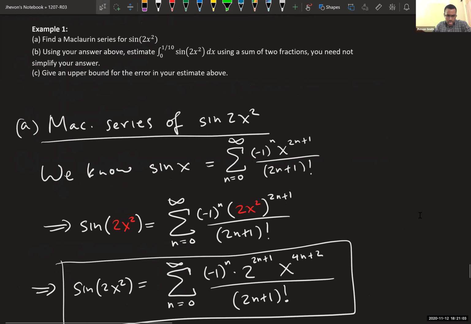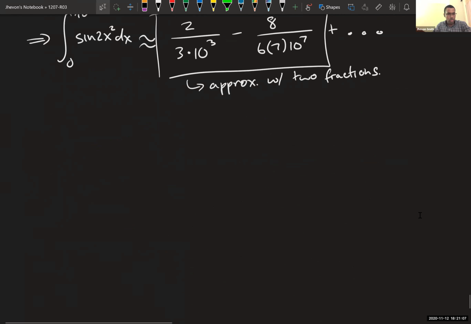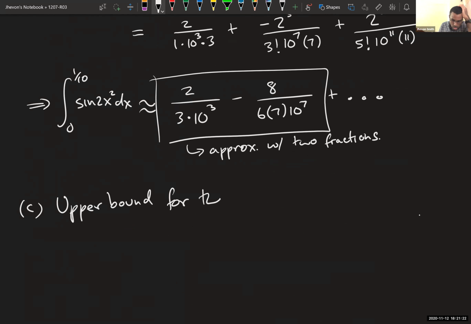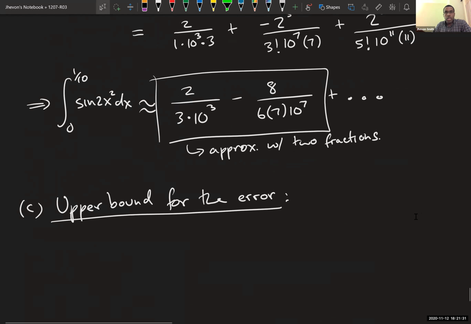Okay, so now it says, give an upper bound for the error in your estimate above. Did anyone figure out how to deal with that?